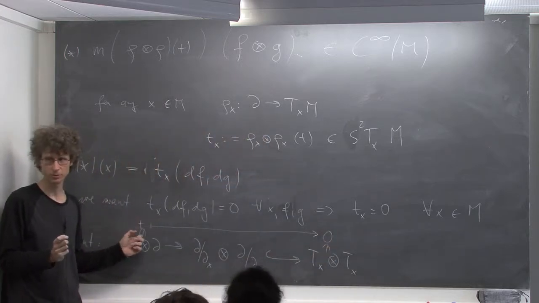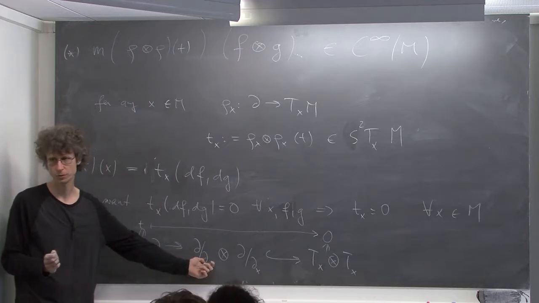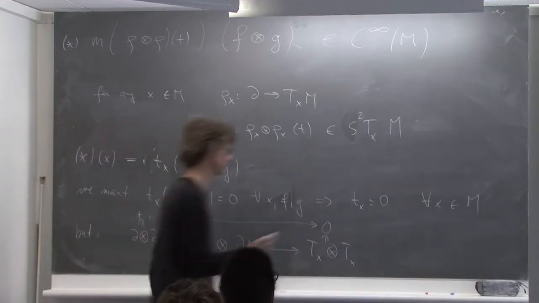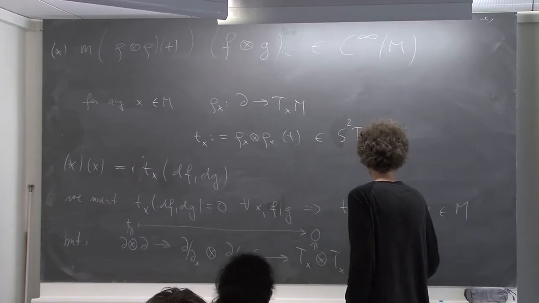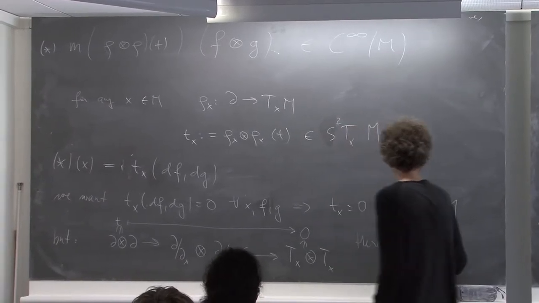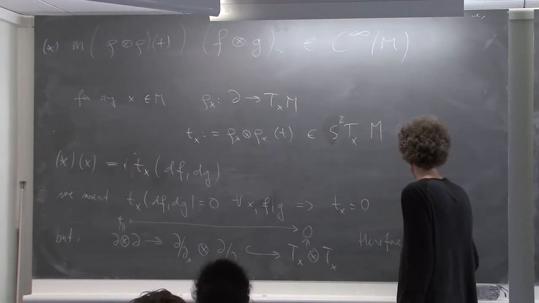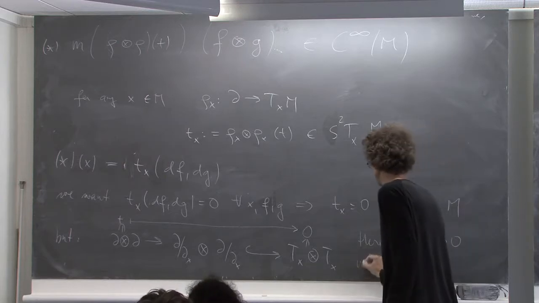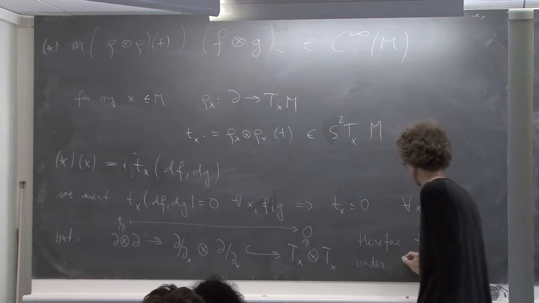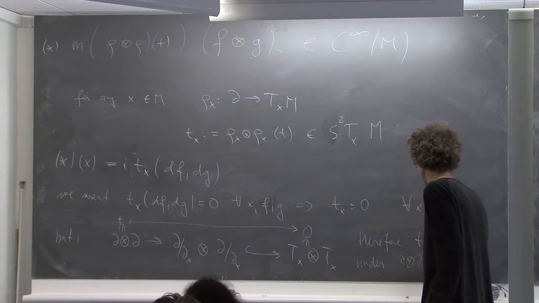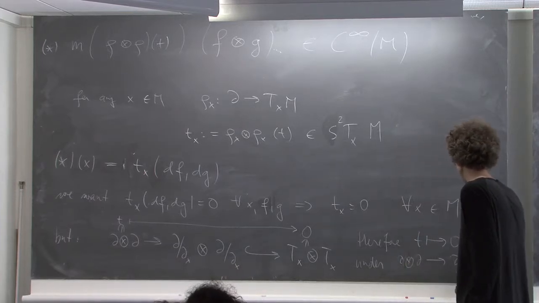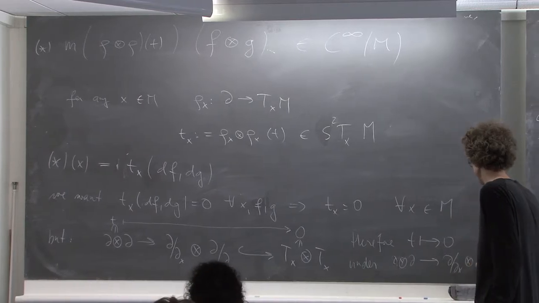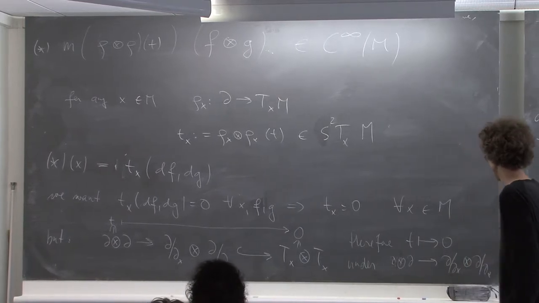So it means that T is mapped to 0 already in this projection. Hence T goes to 0 under the projection D tensor D to D mod 𝔡x tensor D mod 𝔡x.